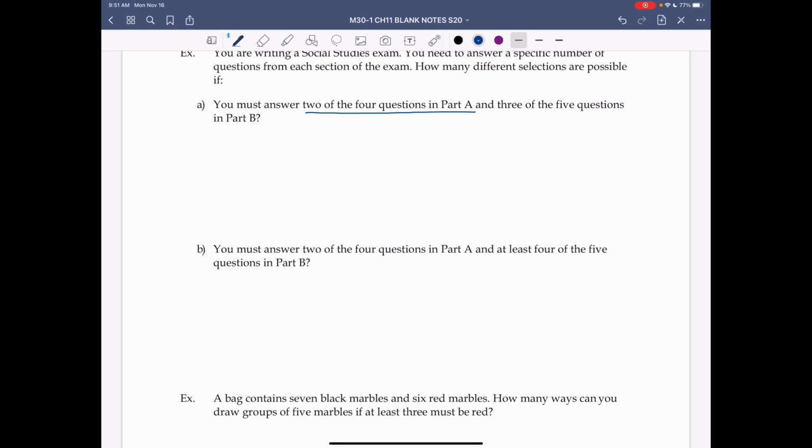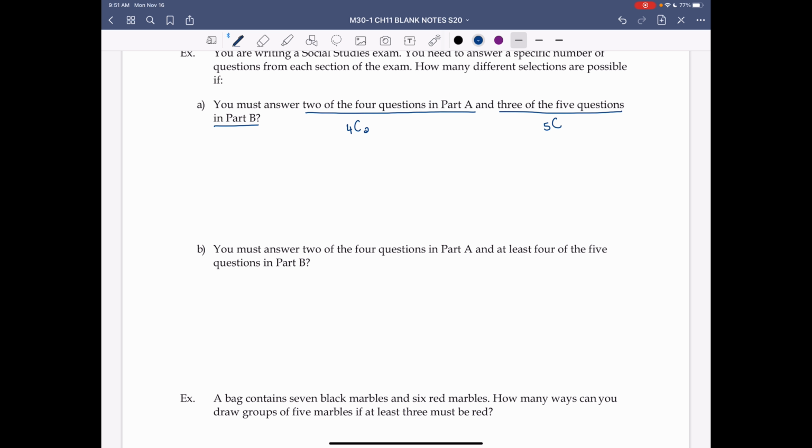The order doesn't matter on a test. Doesn't matter if you start at the end of the test or the beginning of the test. You've still answered the questions. So we know it's a combination. And answering 2 of 4 questions in part A would be 4C2. Then you have to answer 3 of 5 questions in part B. So you have 5 questions to choose from.